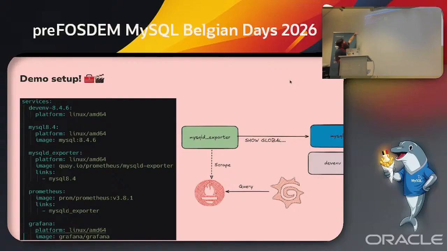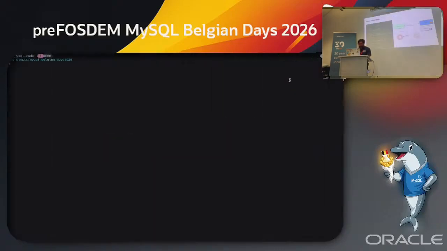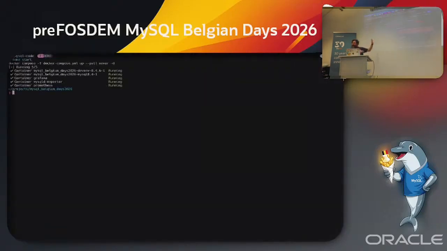I have 5 containers, as I mentioned. I started them before the talk. I have Grafana in those containers using MySQL exporter, and this dashboard came for free in MySQL exporter.